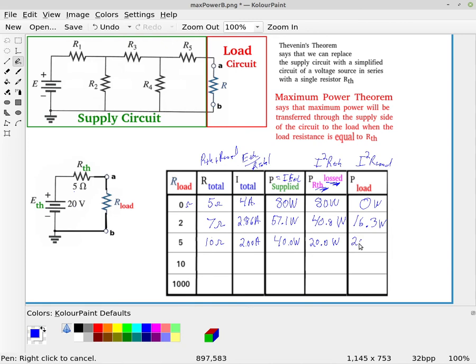But 20 watts is also making it over to the load. As you can see, so far the power making it to the load has been going up, but the power lost is going down. And of course the power being supplied is also going down.